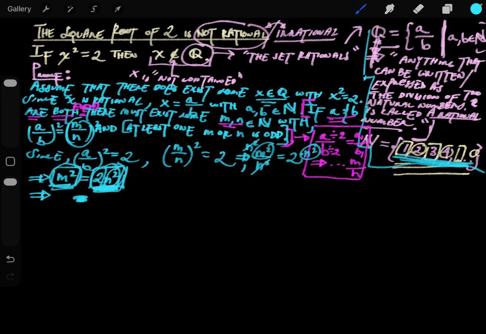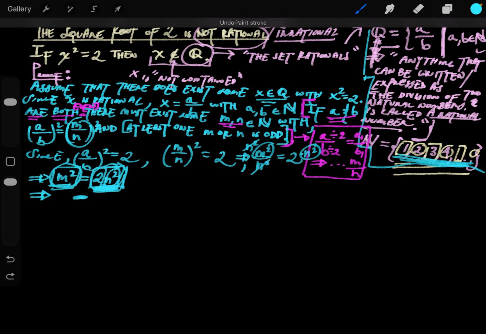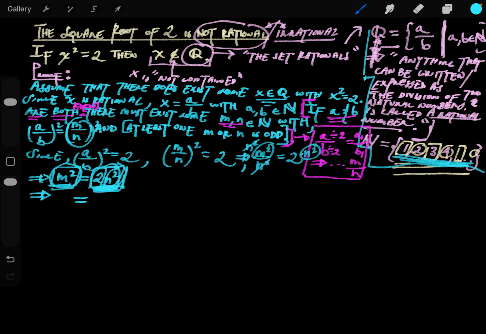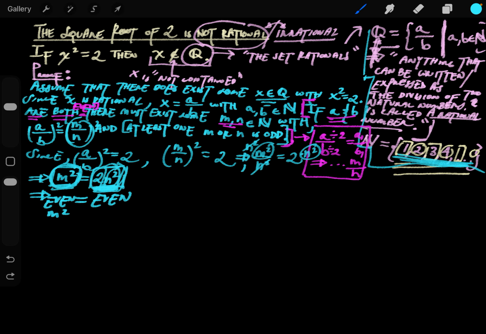So we have here that this side is even, right? So then that must mean that this side is even. So this implies m squared is even.